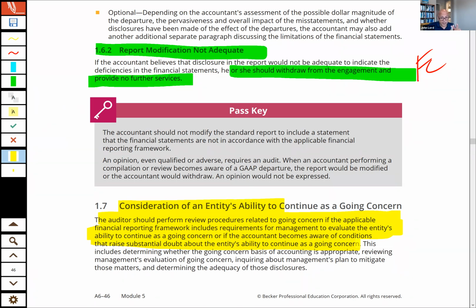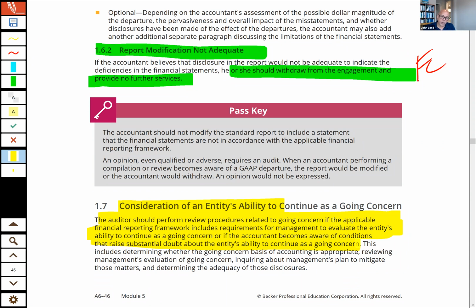If the mitigating factors alleviate the problem, we don't have to modify our report. If we believe that the mitigating factors will not alleviate the problem, or there are no mitigating factors, then we have to put in our audit opinion an emphasis of matter that says there's substantial doubt about the entity's ability to continue as a going concern, and we have to have those words in our report.